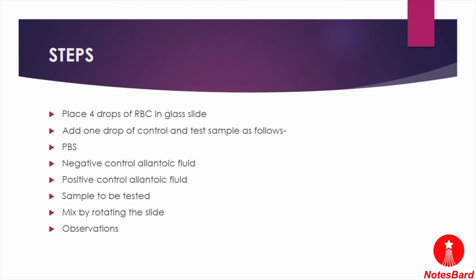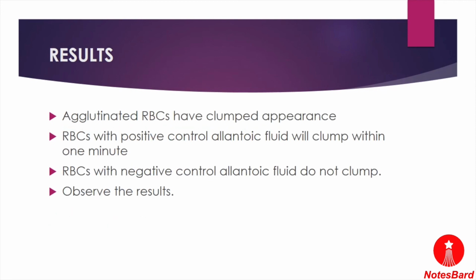So basically, when we compare the observations made by these tests, these are the results which can be observed after the steps, and the results include the agglutinated RBCs, or red blood cells, which have a clumped appearance, and that's why they are easily differentiated from non-agglutinated RBCs.